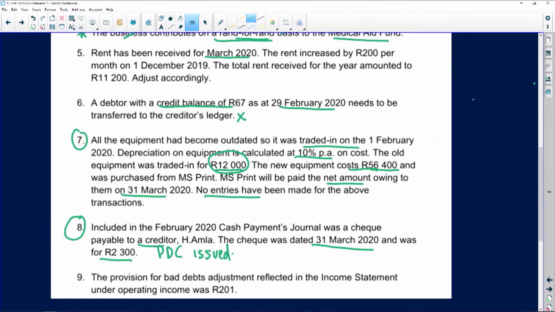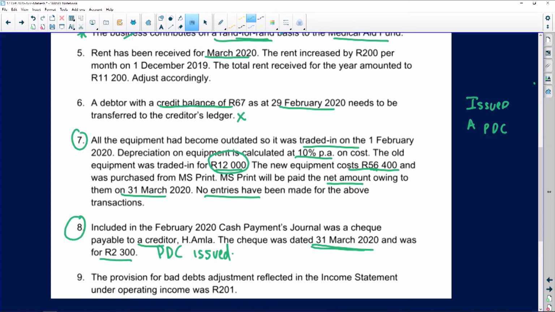Now, what do I mean by it needs to be reversed? So remember, we issued a post-dated check for the 31st of March to a creditor.